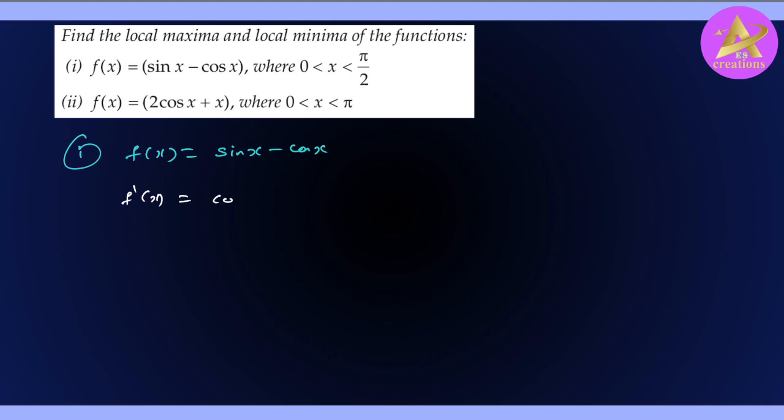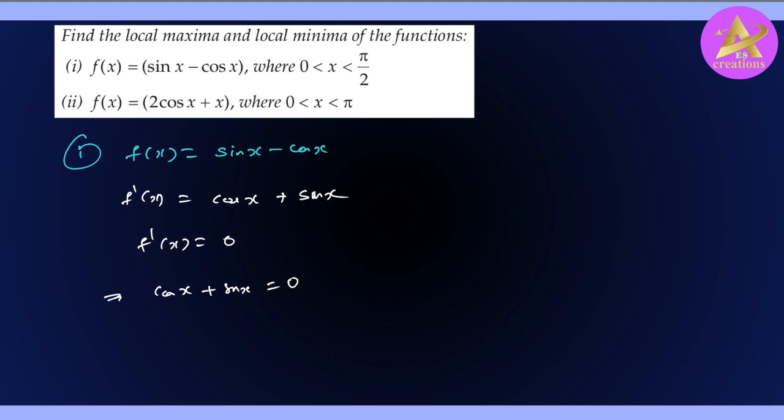Sin x differentiation is cos x, minus cos x differentiation is minus sin x, minus becomes plus sin x, right? Next step is f dash of x equal to 0. Next we get cos x plus sin x equal to 0, right? We can find this in two ways. Okay, two methods. We can convert it in the form of cos a minus b or sin a.